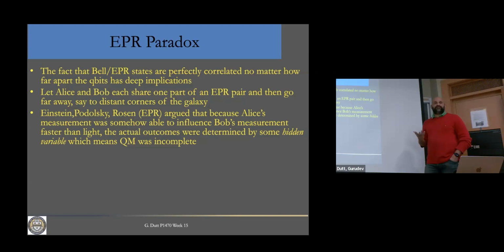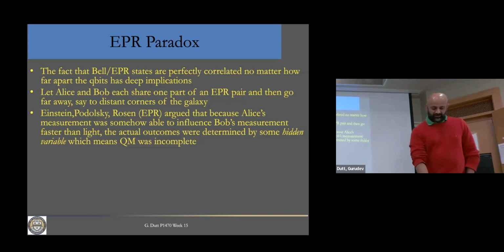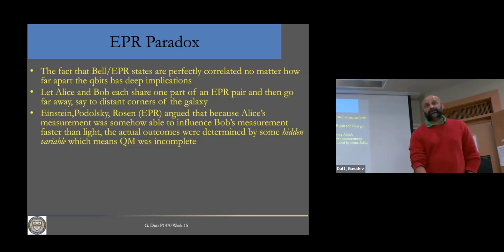So this seems to indicate that there's some influence that propagates from Alice to Bob faster than the speed of light, because Bob can be somewhere very far away, and we know immediately that Bob's measurement outcome must be determined by us. Okay, but this, of course, assumes that this holds even if Bob does not perform the measurement, right?